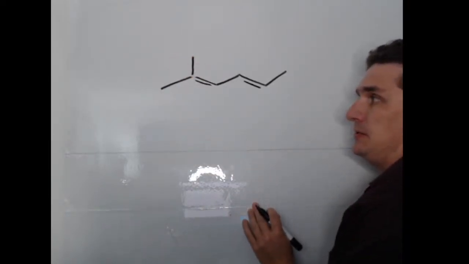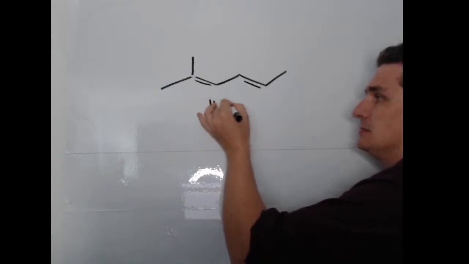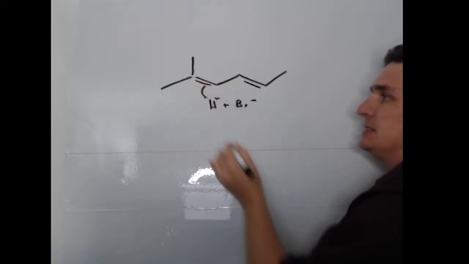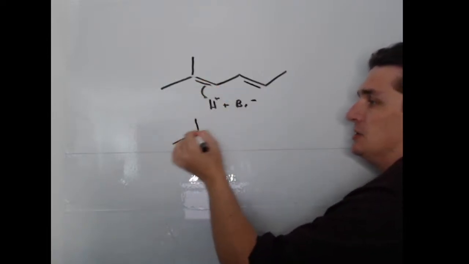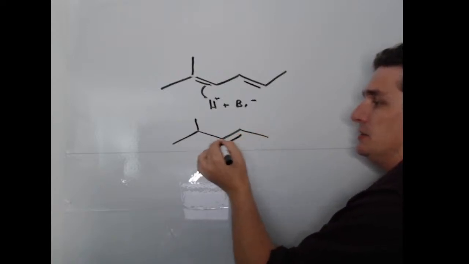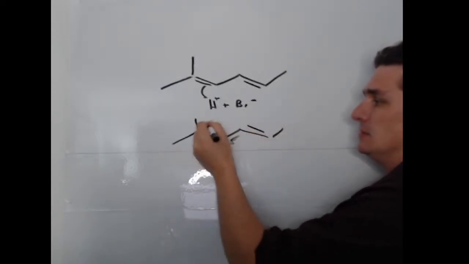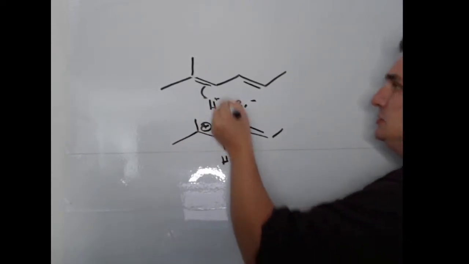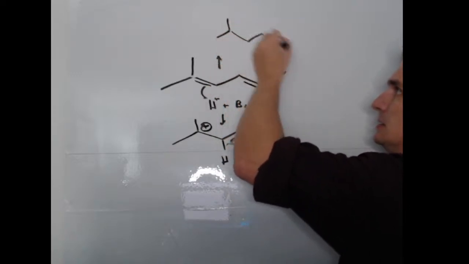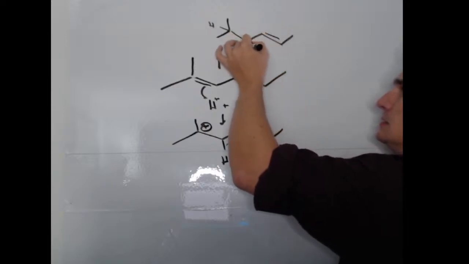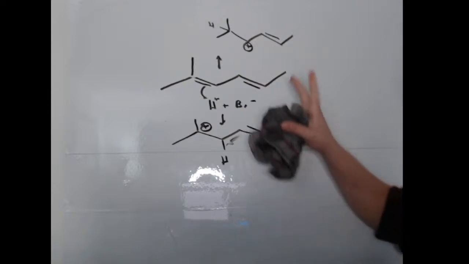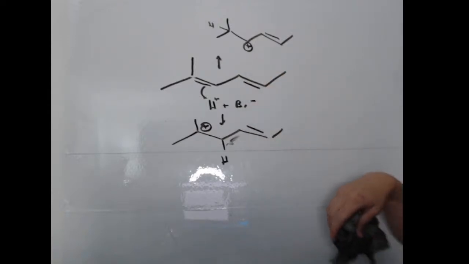So if we're going purely for negative attacks here, this would mean that the H is getting attacked, and we're going to generate a carbocation, and we can generate it one of two ways. We can either generate our carbocation on the tertiary carbon, or we can generate it by leaving it there on the allylic. And so this would imply an inversion.